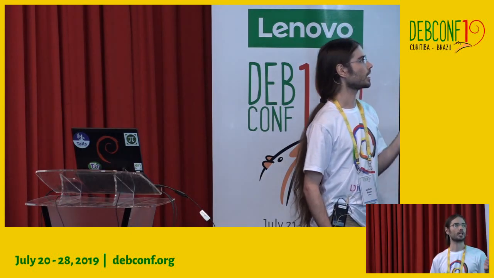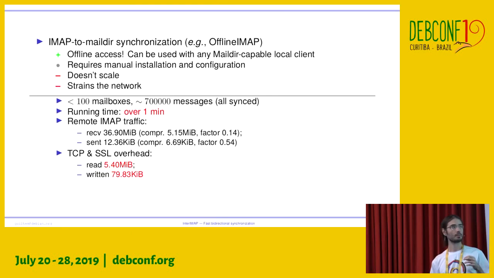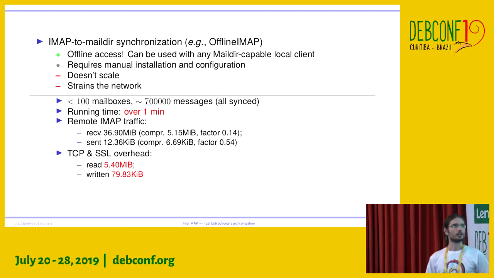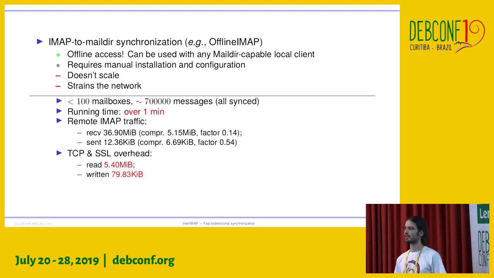If you are lucky enough to have an IMAP server that supports compression, you can bring that down to about 5 megs. But even 5 megs together with a running time of over 1 minute, that's not something I can afford if I'm on a slow connection, like in a train or something like this.